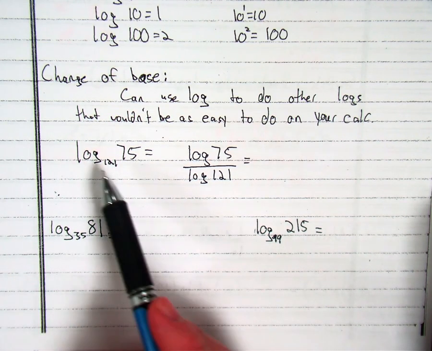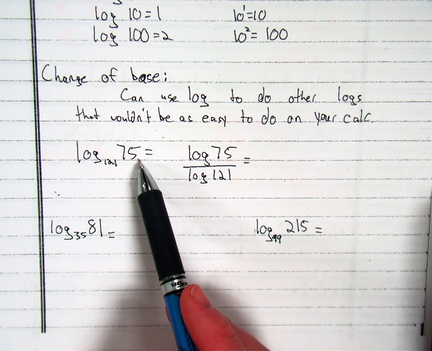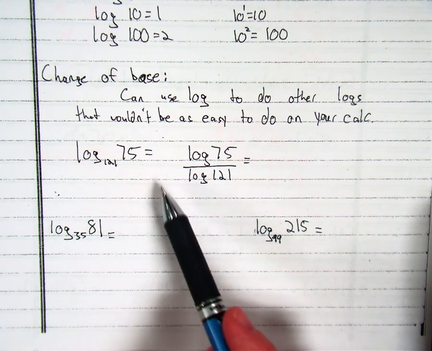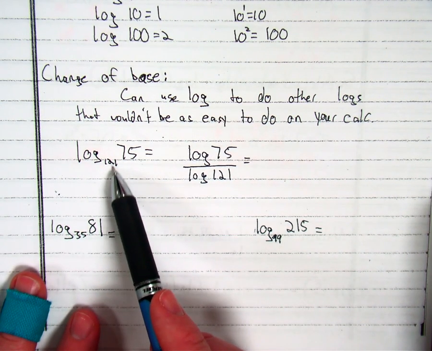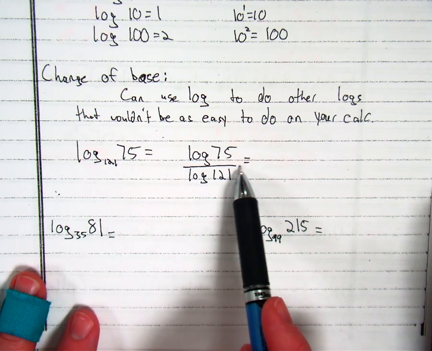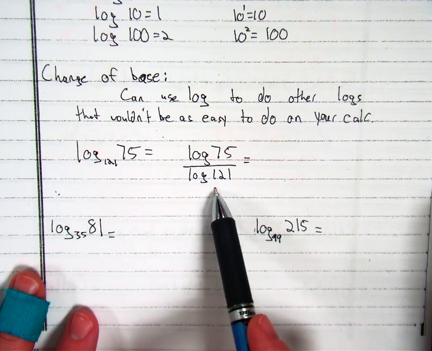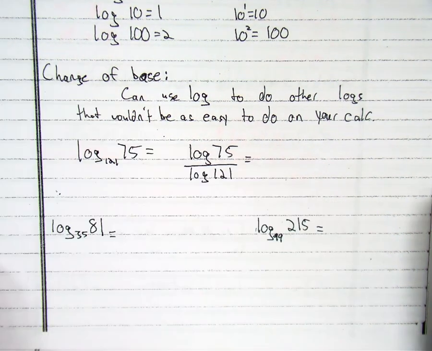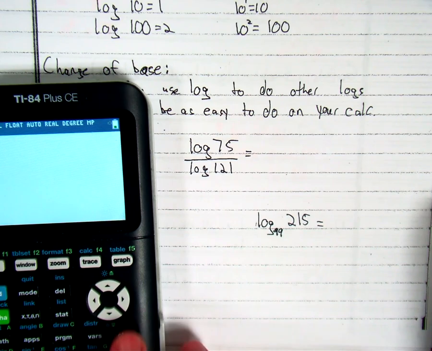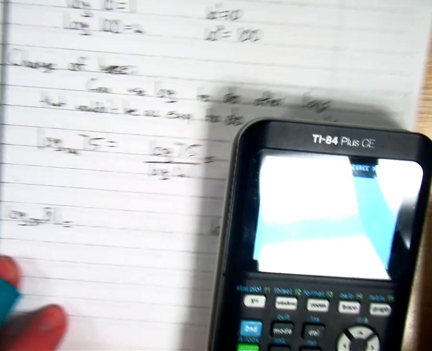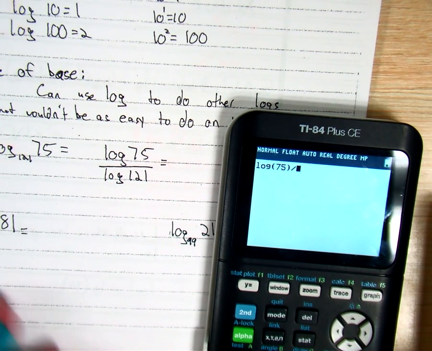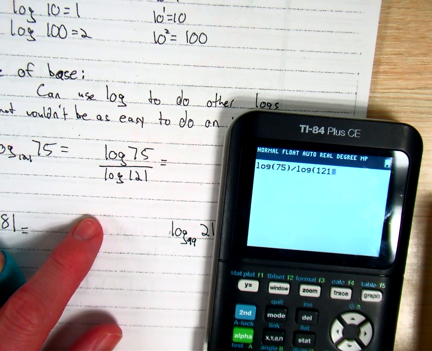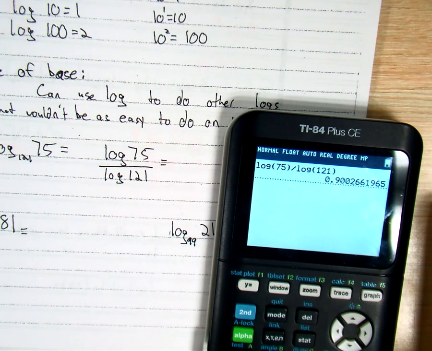So for log base 121 of 75, we're going to go common log of 75 on top, and common log of the old base number, which is the subscript, on the bottom: log of 121. So we're going to split it into two logs. Common log of 75, make sure we close our parentheses after that, divided by log of 121. It'll be 0.9003.